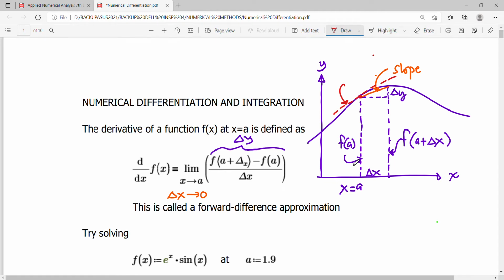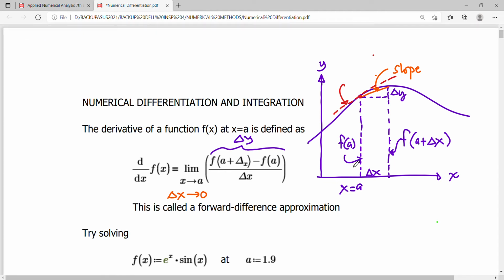Hence, the only difference between a derivative and a slope is when your delta x has not yet achieved its final limit as it approaches 0.